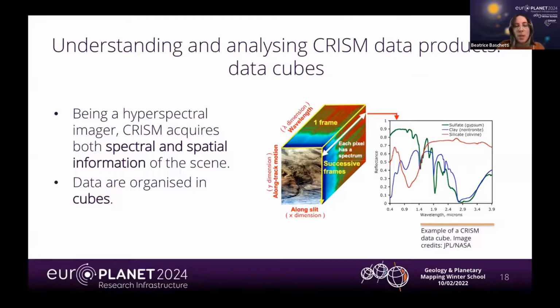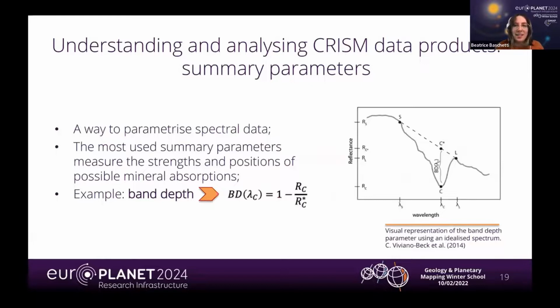So how do the data products of CRISM work? The products are organized in data cubes. So we have 2 dimensions for the spatial image, and 1 dimension for the wavelength. So what we obtain in the end is an image where every pixel of that image has its own spectrum. And data cubes are quite complex data, and there are many ways to analyze these data products.